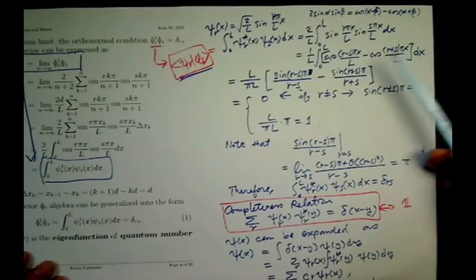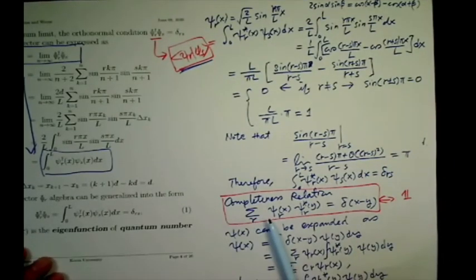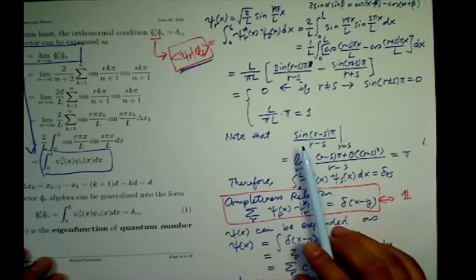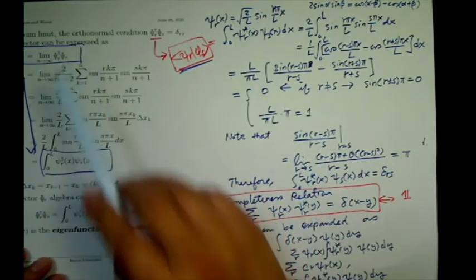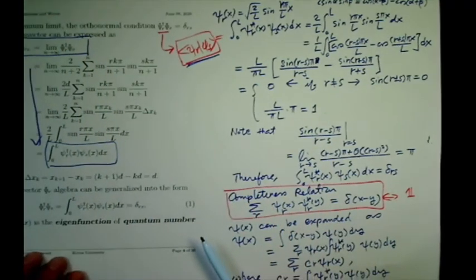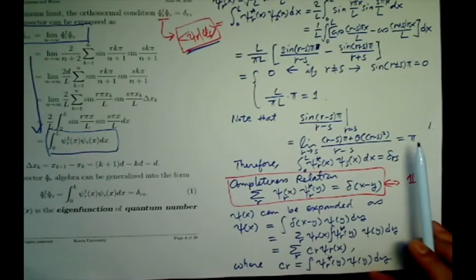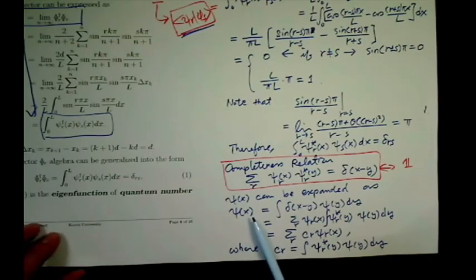Anyway, we can construct a completeness relation by making use of this eigenfunction. If it were an eigenvector, the direct product would be the identity operator. But we remember that psi of x can be obtained from psi of y by multiplying by delta of x minus y.